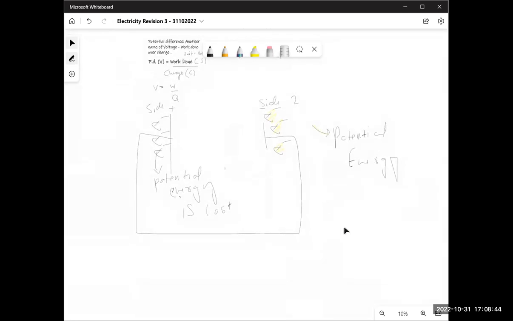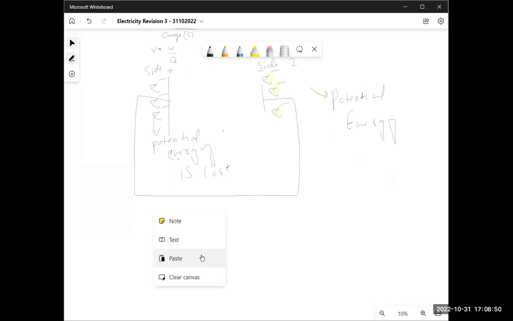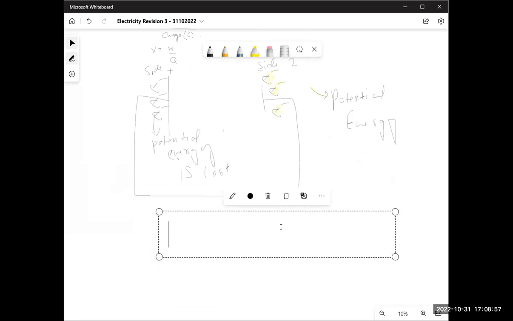Okay, fine. Now this is called electromotive force. Write the definition.